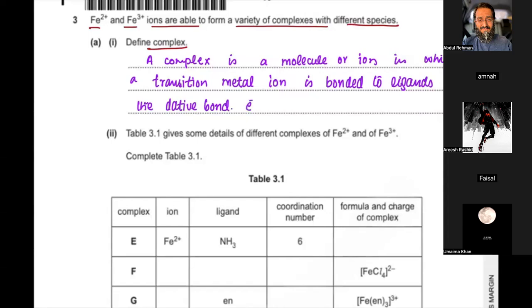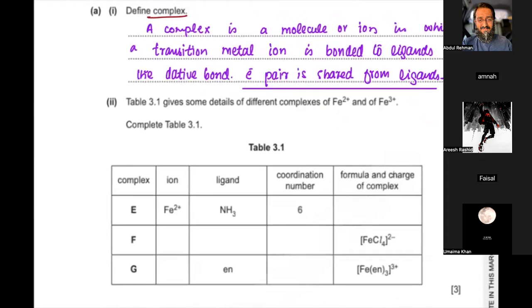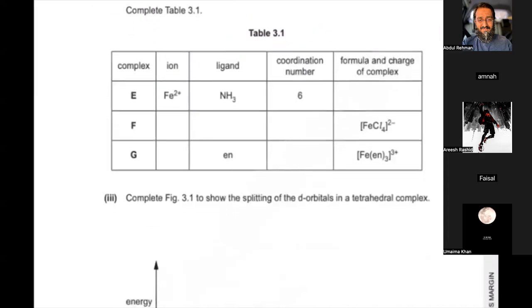You can further add that an electron pair is shared from the ligands. If you don't add this point, it is not necessary; the definition till here, that it can be a molecule or an ion in which a transition metal ion is bonded to a ligand by the dative bond, is enough.